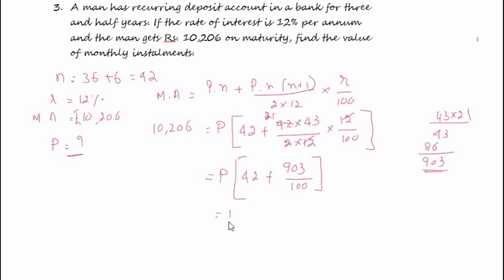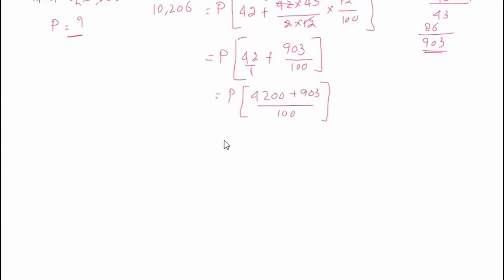Now with the LCM, this can take us divide by 1. Now cross multiply. So this is 4,200 plus 903 divided by 100, into P. So 4,200 plus 903, it is 5,103 divided by 100.